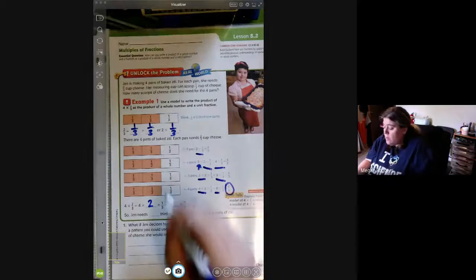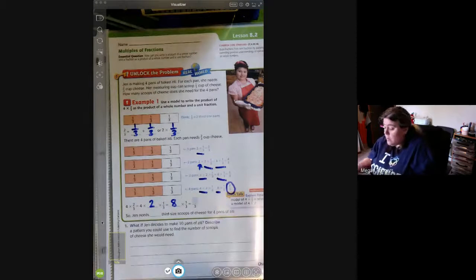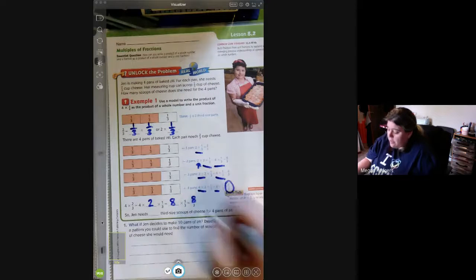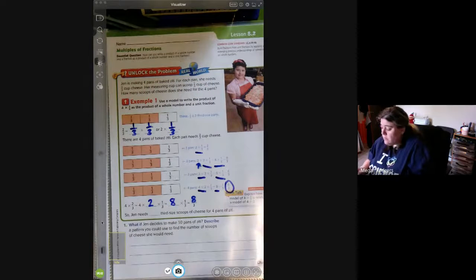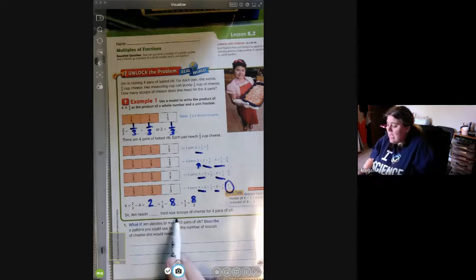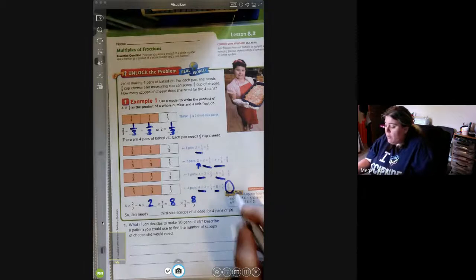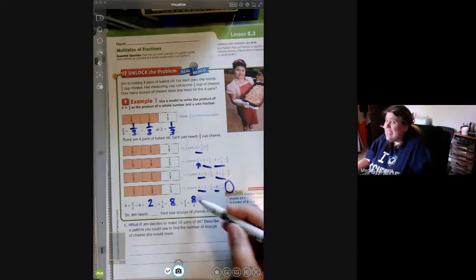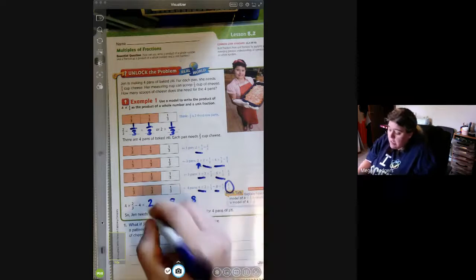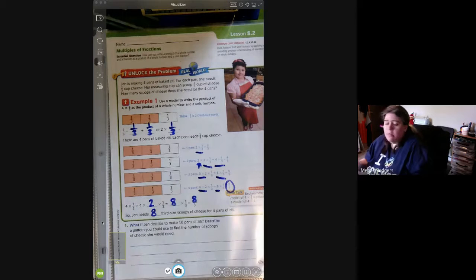And so we know that would equal 8 times 1/3, which equals 8/3. So how many third-size scoops of cheese does she need for her 4 pans? Well, if she needs 8/3 cups of cheese, that means she's going to need 8 scoops of cheese.